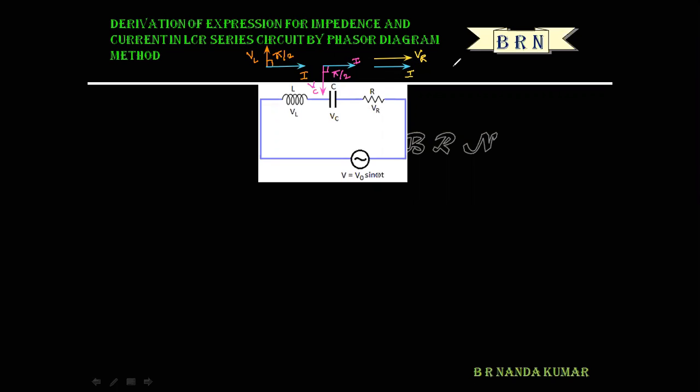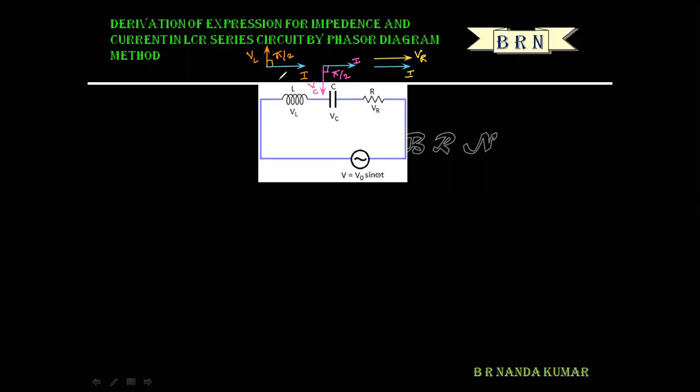Right? What is the phase difference between current and voltage in a purely resistive circuit? That is zero. Current and voltage are in phase. That means both are moving in the same direction. The rotational vector of current and the rotational vector of voltage are both in the same direction.